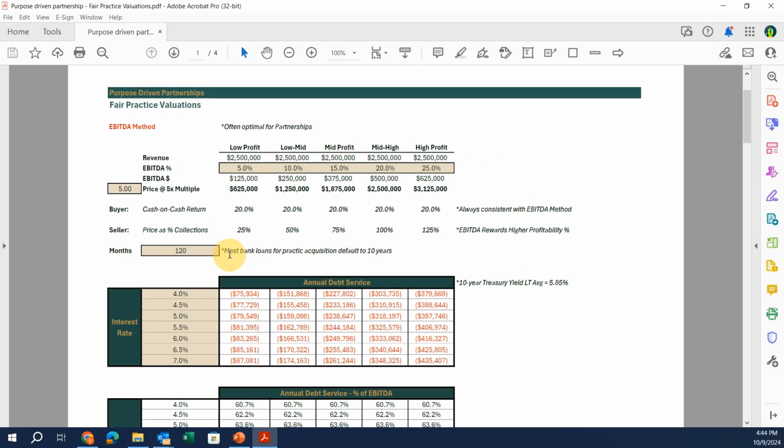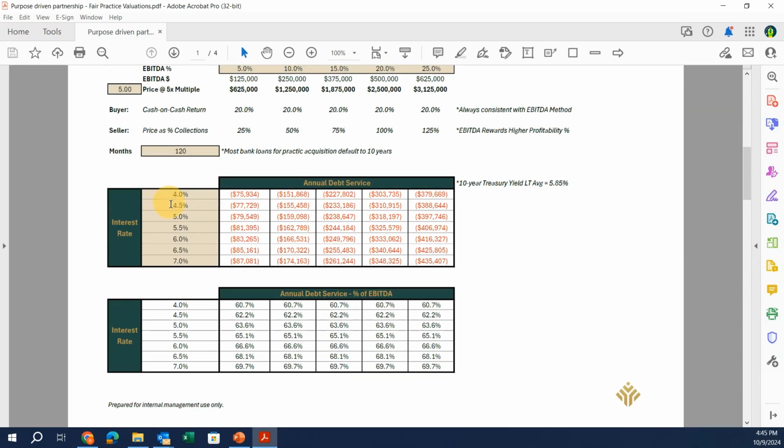We're going to use 120 months or 10 years to evaluate this because that is the time period that most banks are using for practice acquisition debt. If you're doing seller financing, that's often what we'd recommend as well, so that you're on par with banks.